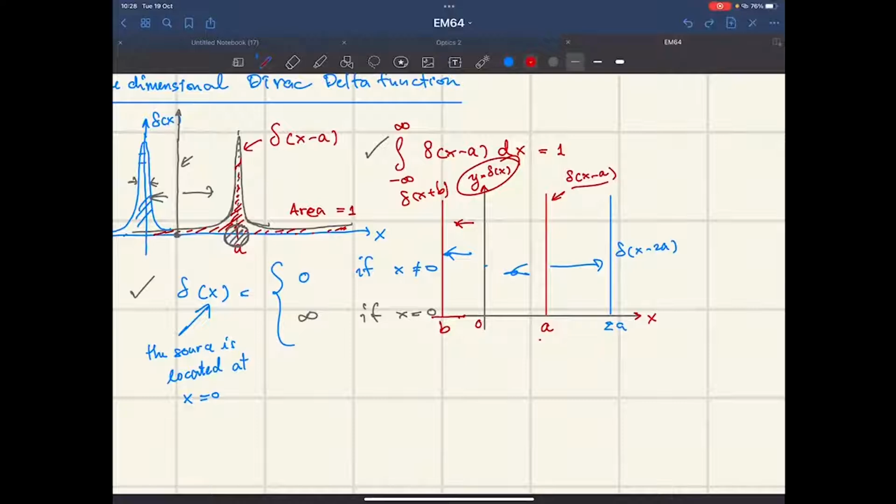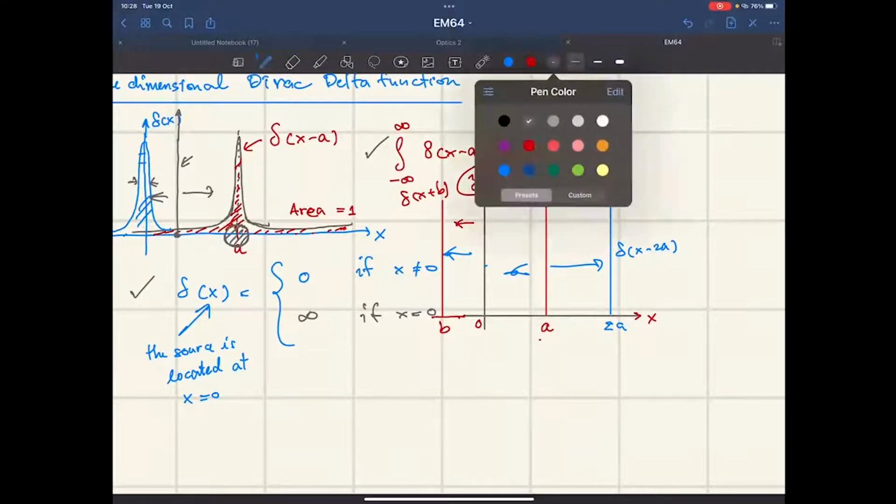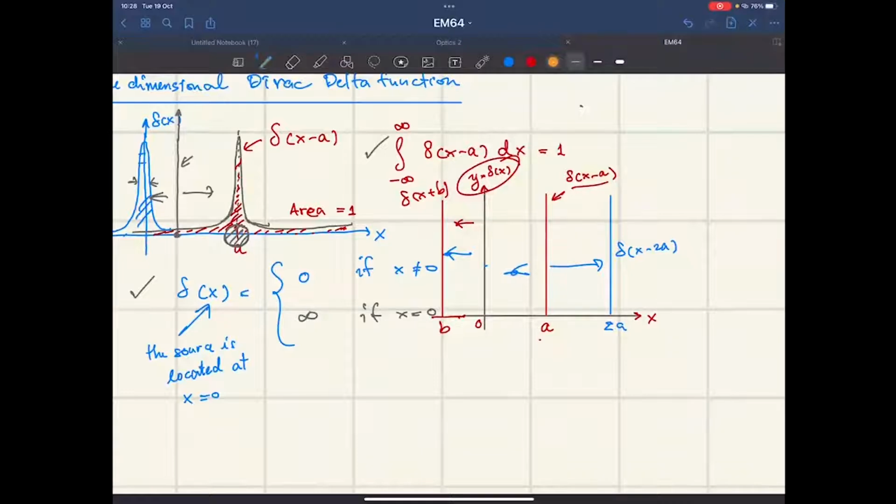And now, if we have a normal function, just a general function, coming in, let's use this color. Let's say I have a normal function coming in like that. It's f(x). And now I want to find the product of f(x) and the Dirac delta function of x minus a.